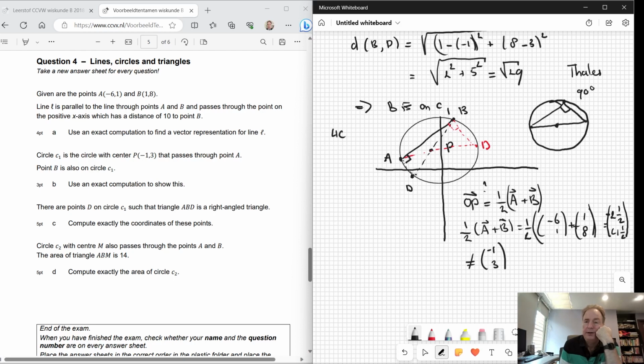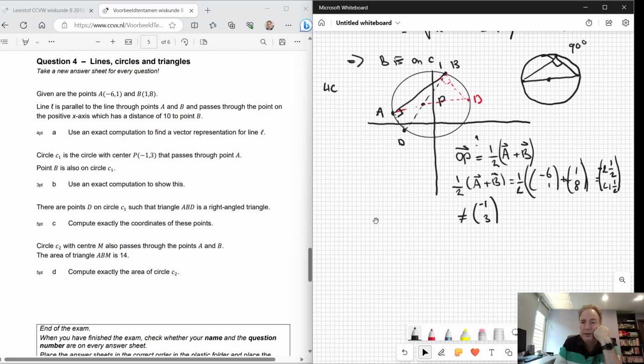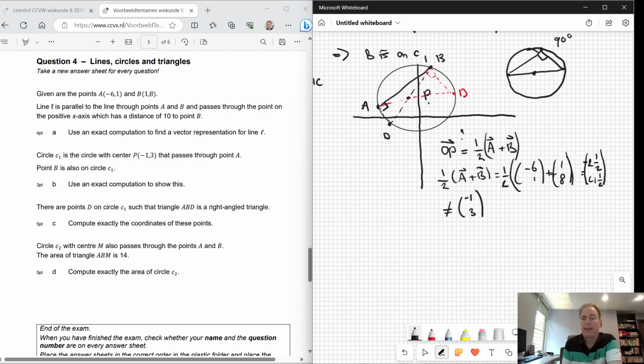Now, if we know that BD or AD has to be a diameter, we can actually immediately calculate D. Let's look at this case first.